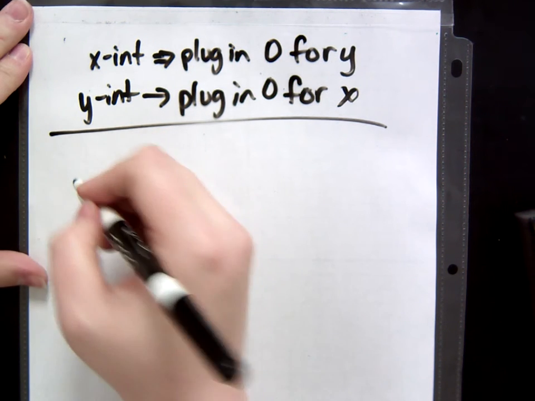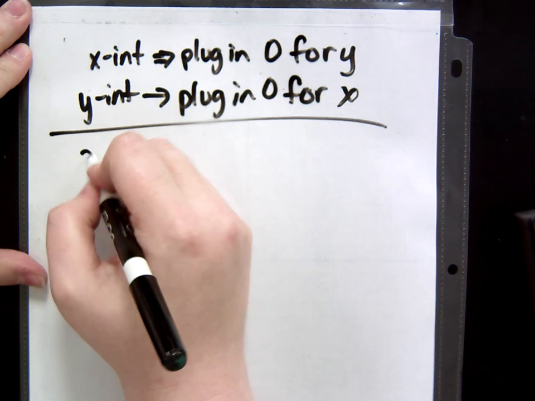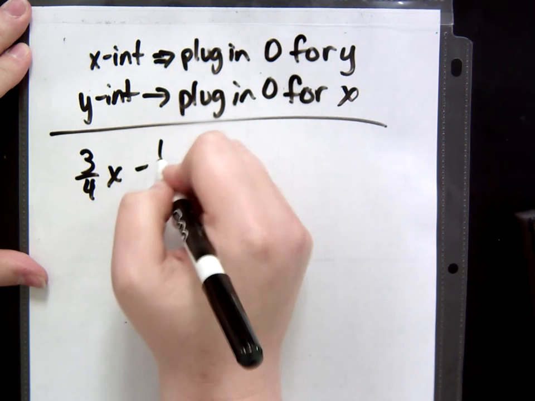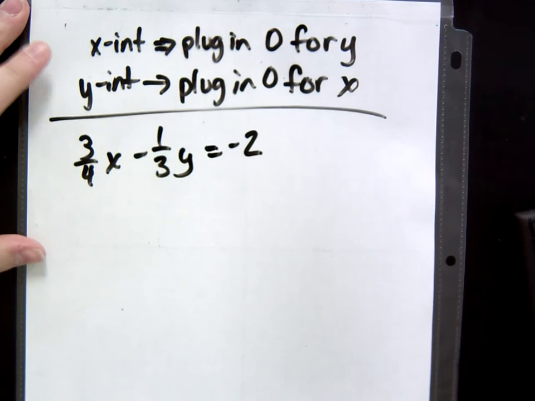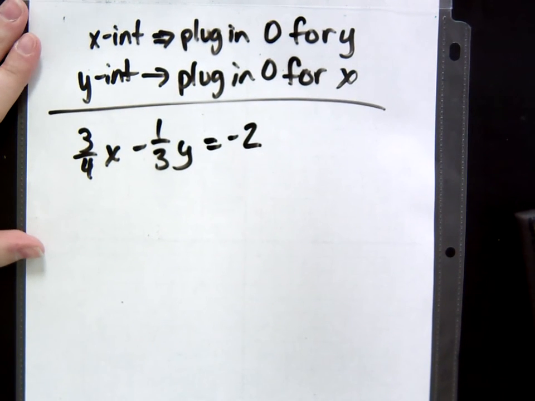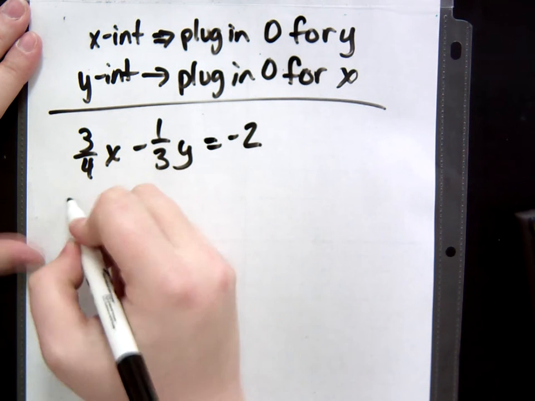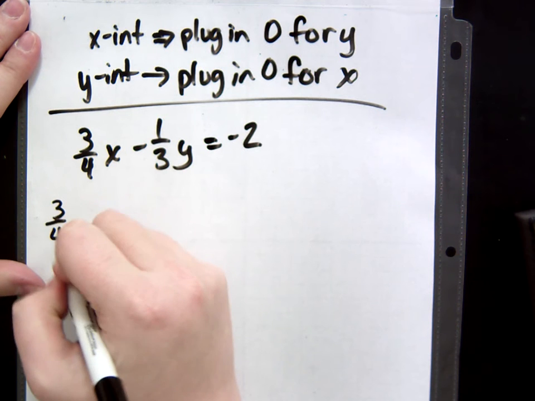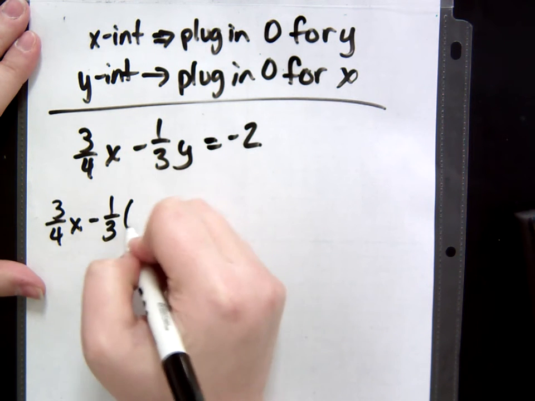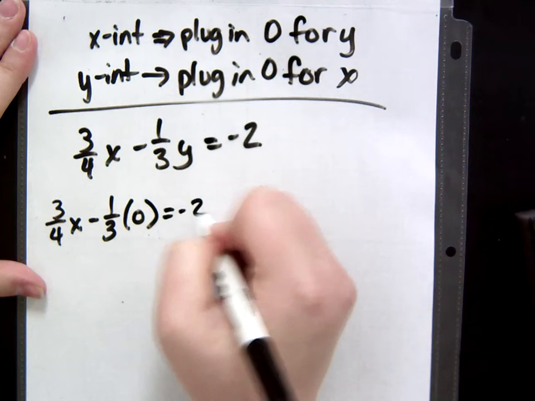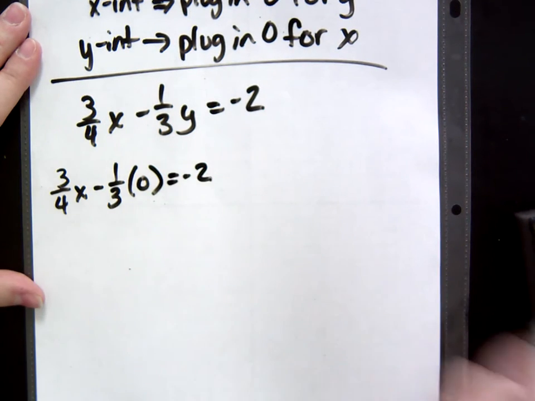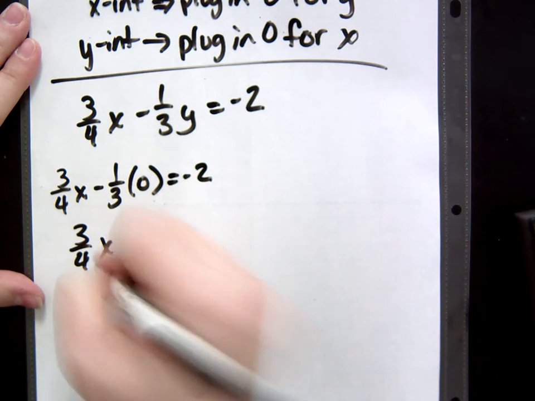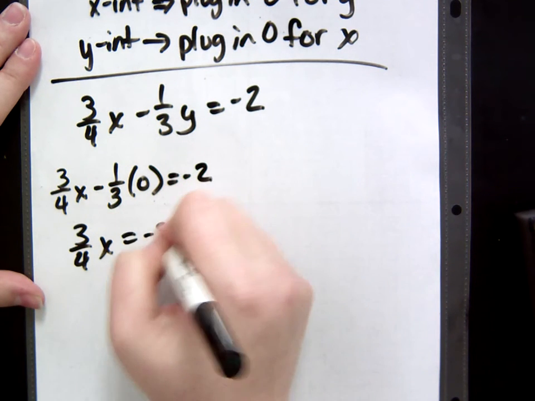Let's take the equation 3/4 x minus 1/3 y equals negative 2. If I want to find the x-intercept, I'm going to replace the y with a 0. So that would give me 3/4 x minus 1/3 times 0 equals negative 2. Well, multiplying by 0 just gives me 0, and when I subtract 0, that's not going to change anything. So I just have 3/4 x equals negative 2.